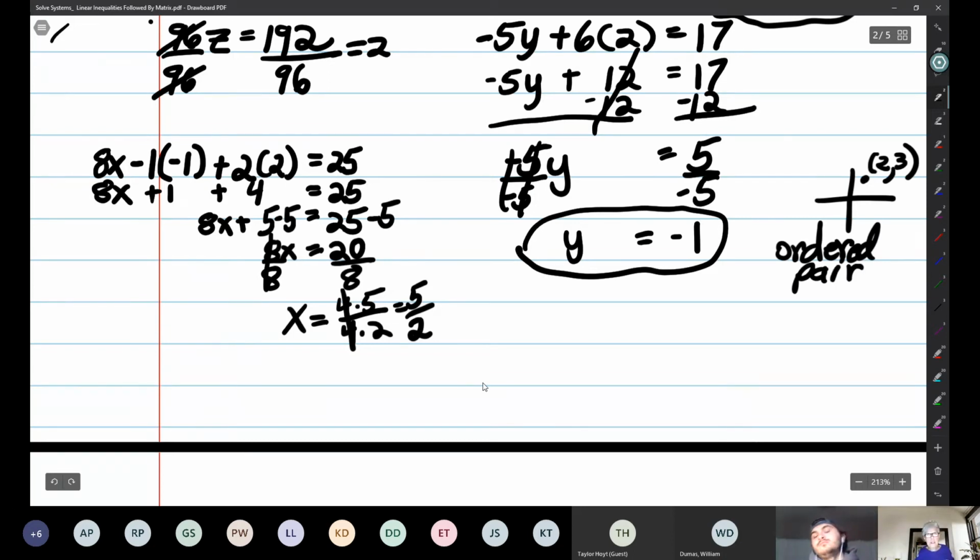But in 3-dimensional space, where you have latitude, longitude, altitude, 2 points are not going to do the trick. Instead, you have what's called an ordered triple.